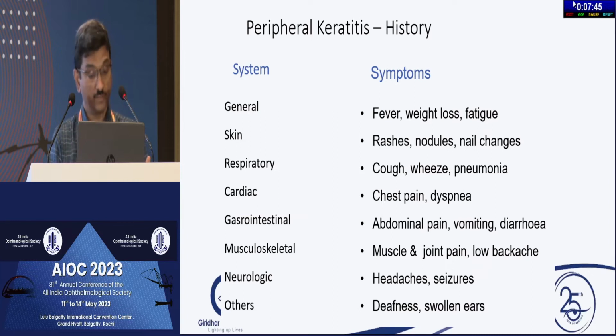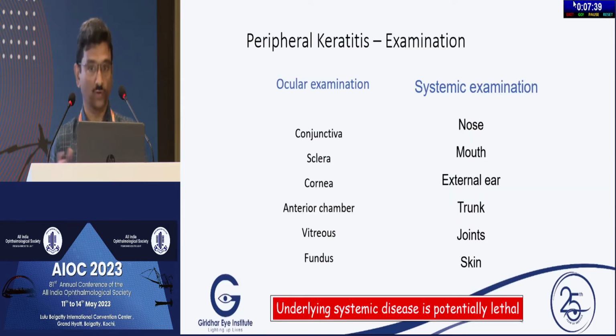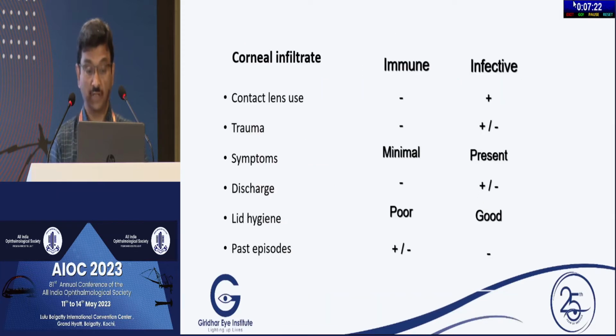All systems have to be asked about in detail and then looked for too. But the importance of identifying an immune keratitis is that this might be the first presenting sign of a potentially lethal systemic autoimmune disease. So that is what is very important here.